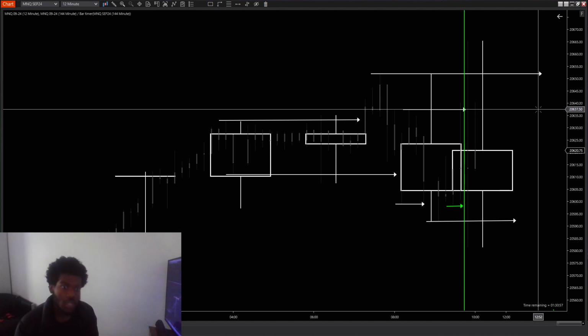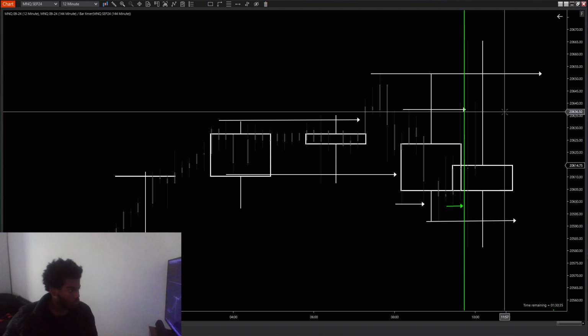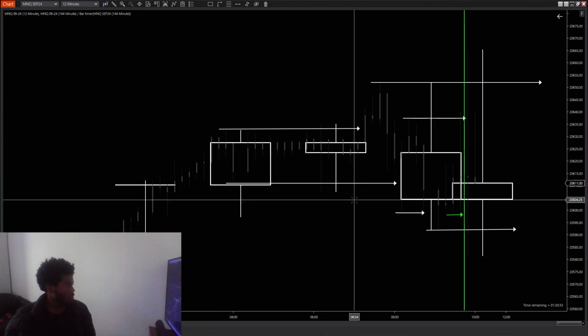So essentially zooming in. How I determine structure using the open, high, low, and closes of each candle. And if you want to know specifically, I recommend that you watch up and down candles and structural highs and lows in the foundation playlist. Those two videos, you will understand how I analyze and how I interpret the information.